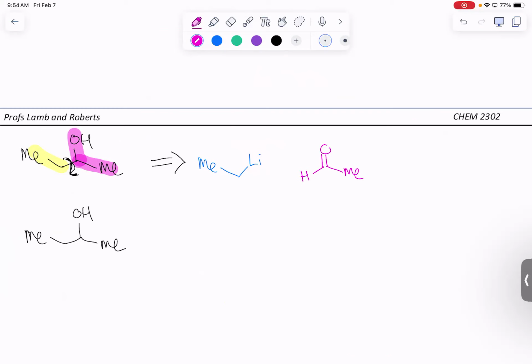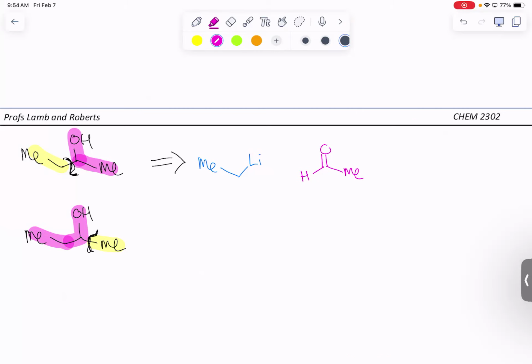Now, perhaps you thought about this differently and you said, I see an alcohol that can be broken on both sides. What if we broke this carbon-carbon bond? That means our first fragment, our nucleophile, would be this methyl group. And then we would have a carbonyl compound from that 3-carbon fragment.